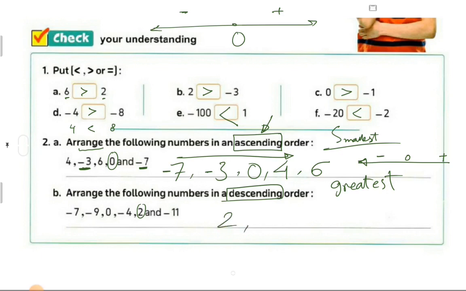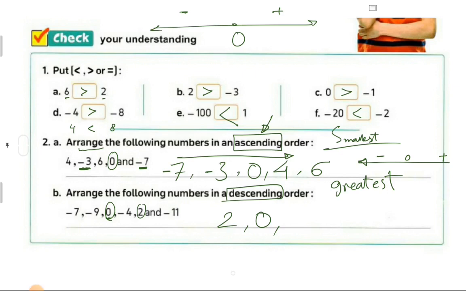Okay, now all these integers are negative, but 0. Now we have all these integers negative. Okay, what's the greatest negative integer here? Negative 7 or negative 9 or negative 4 or negative 11.